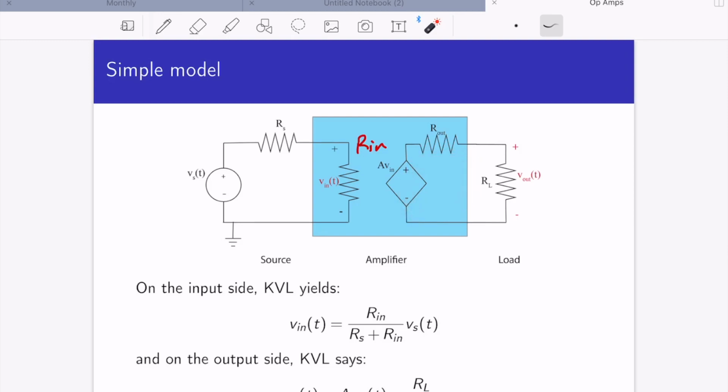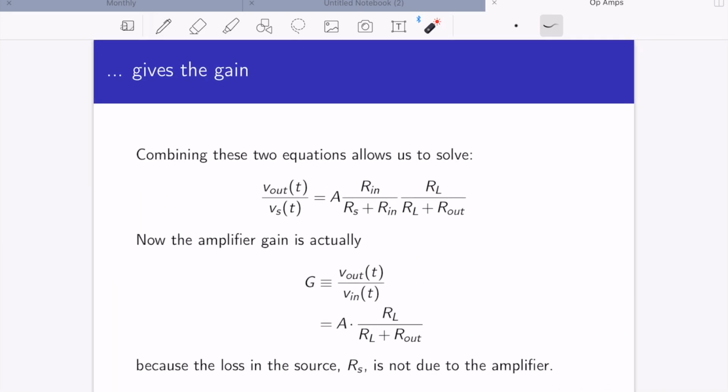You can solve for V out and Vn. We get V out is equal to A times Vn times RL over R out plus RL. And that again is just a voltage division. We can put this together to get V out over Vs equal to A times Rn over Rs plus Rn times RL over RL plus R out.